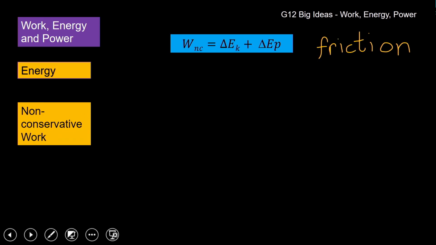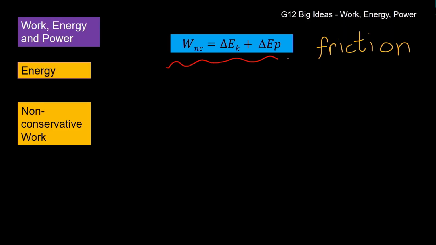That brings us to this very, very, very important formula or relationship. This NC stands for non-conservative. And what is it doing? It is taking energy out of the system.